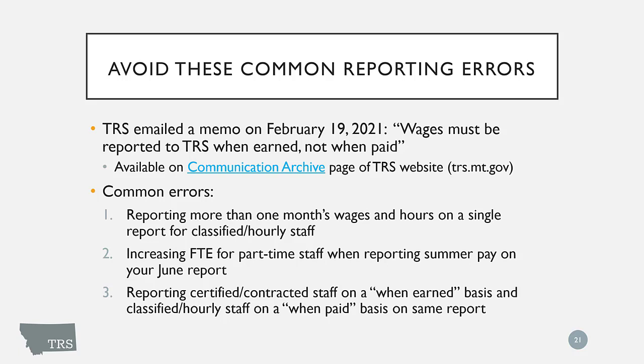And then another big one that we've seen come across is schools reporting their certified or contracted staff on a when earned basis, but then putting on the same report, they're reporting their hourly or classified staff on a when paid basis on that same report.